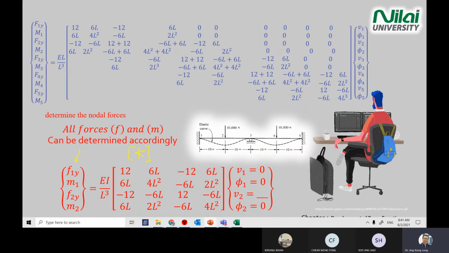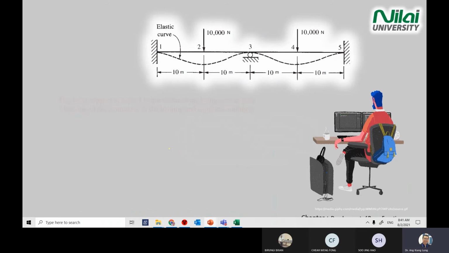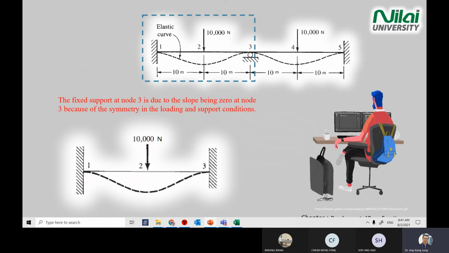Then the D value you already found. So you solve for small f, small m in the matrix here. So you solve for another 4 equations. Okay. So then the rest you can read from the slides here.